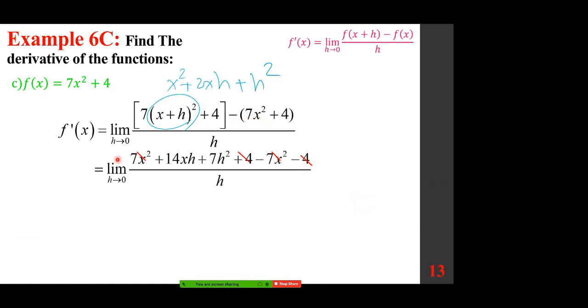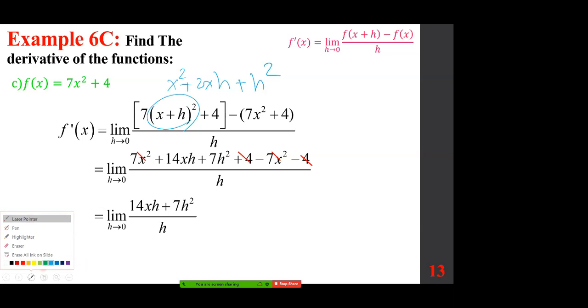As you can see, the first and the last 3 cancel each other. What is left in the numerator is this. You factor out the h. In other words, your next step is to write h, although I can take the 7 out, class, but I don't want to.